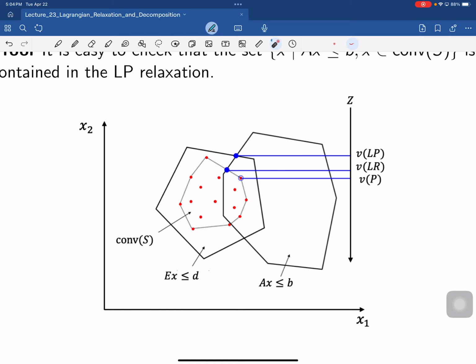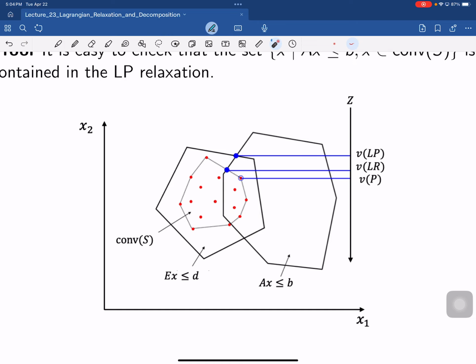Now, the feasible region of the original problem is the integer points within the two sets, because you have to satisfy the integrality constraints and the two polyhedral constraints. So the feasible region for the original problem is all the integer points in this set here.